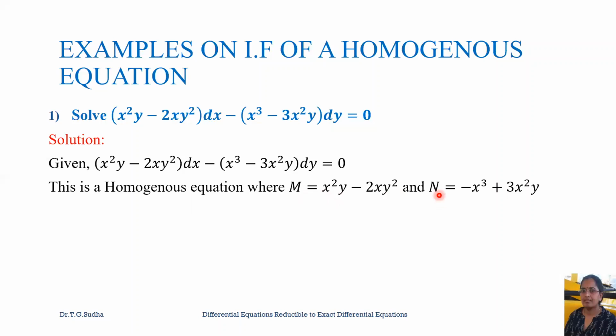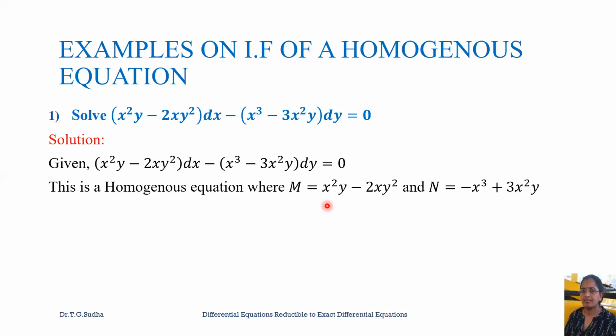Similarly for the degree of N: here it is x cubed, so this term is of degree 3. And in the second term, x square y, the degree of x is 2 and the degree of y is 1, therefore 2 plus 1 is 3. Therefore N is also of degree 3. Both M and N are of the same degree, therefore the given differential equation is homogeneous.